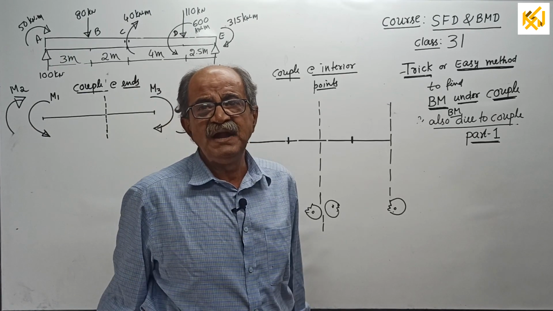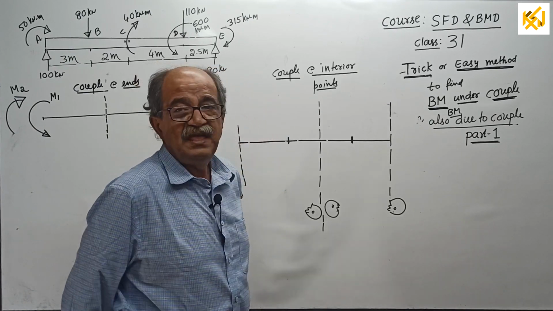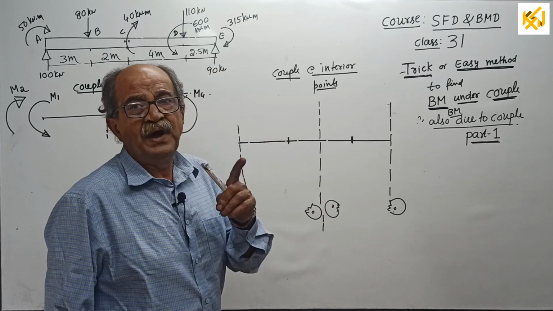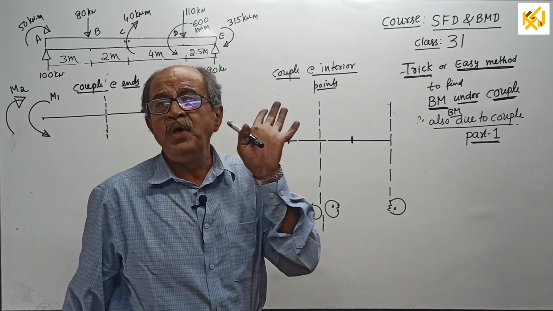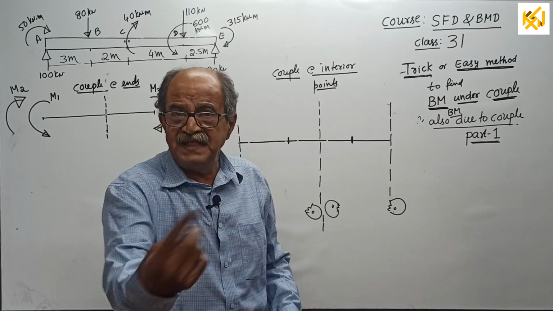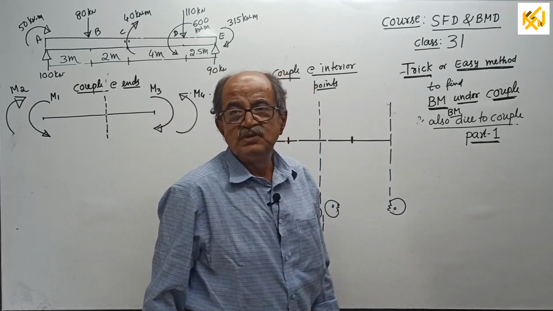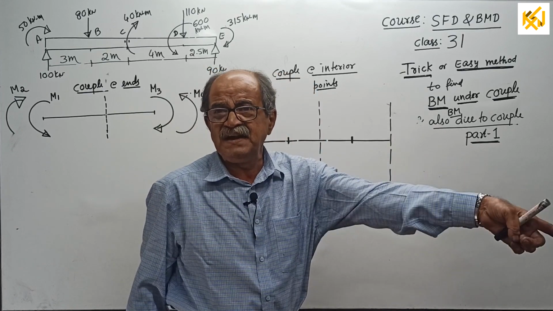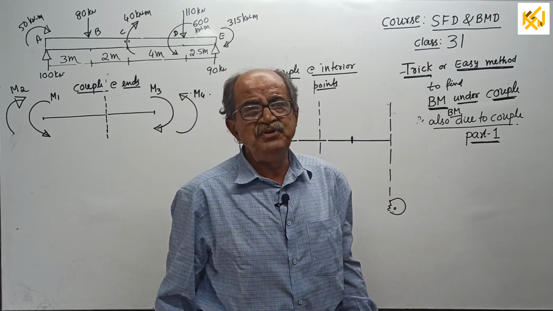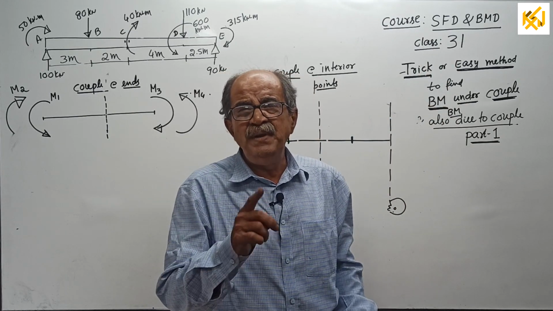So I will write the sketch, then start again. Okay, here comes the trick or easy method. First is how to find BM due to a couple. The couple twice comes next round in part 2. Those who want that should see the next class, class number 32. Now, most confusion is how to find BM due to a couple.